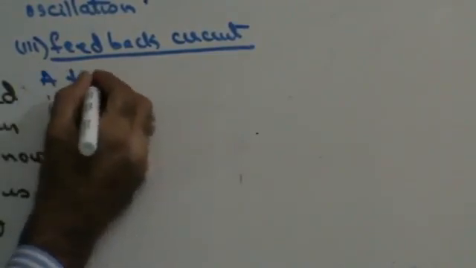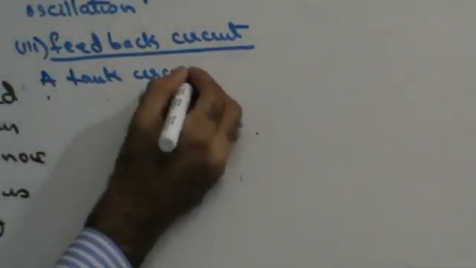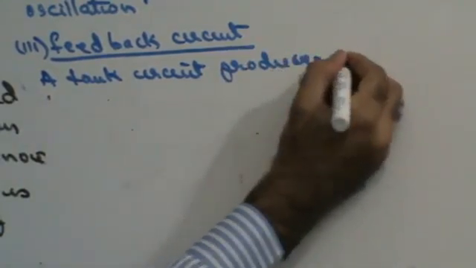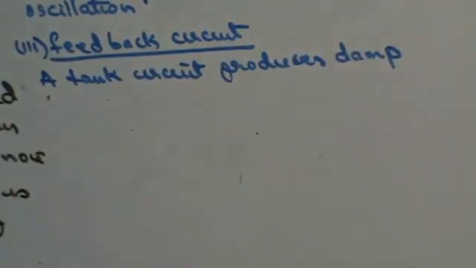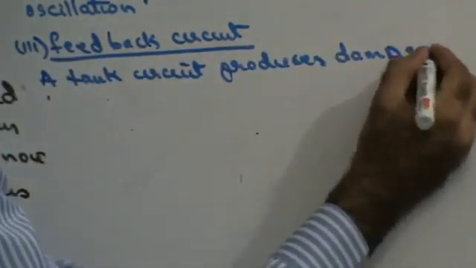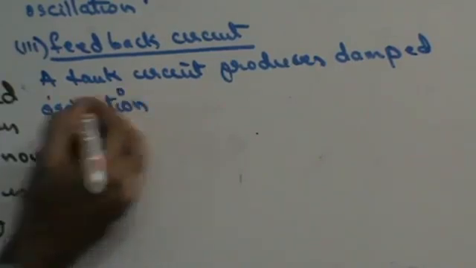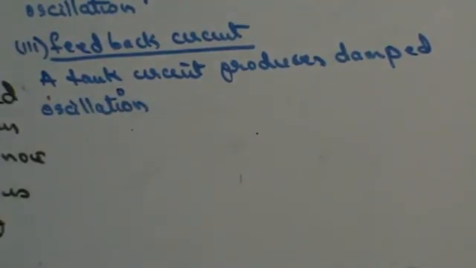A tank circuit produces damped oscillation.